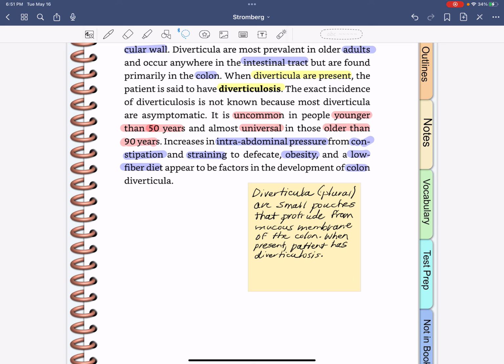Okay, it tells me that it's uncommon in people less than 50 years old. It's almost always found in people older than 90. So I'm going to say older than 90 years. Okay. I'm going to list some symptoms. It's going to increase intra-abdominal pressure.